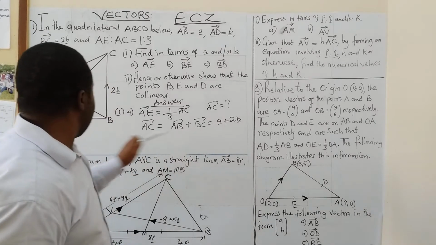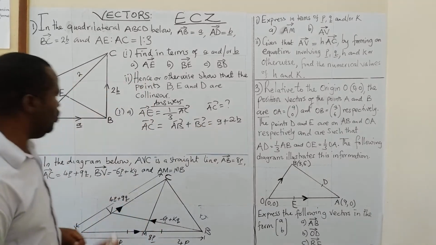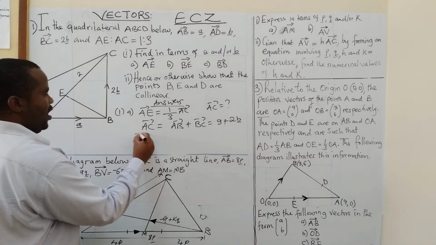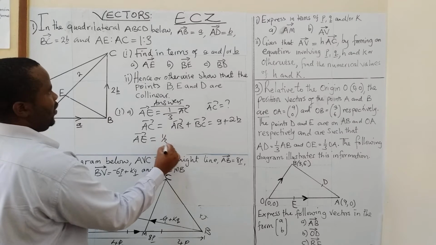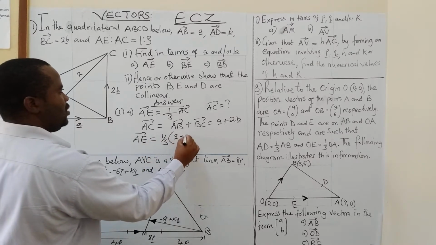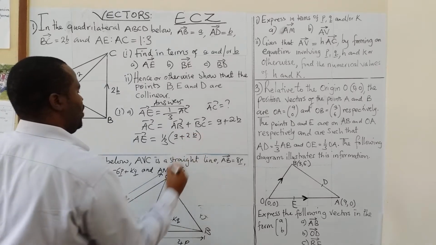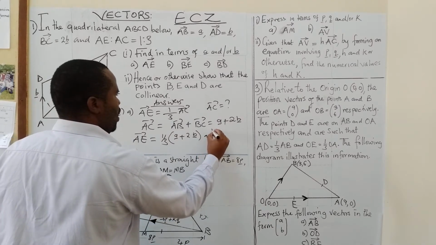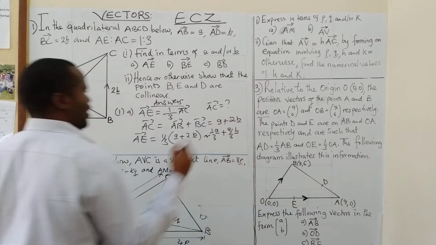AC is equal to a plus 2b, meaning that our AE will be equal to 1 over 3 of a plus 2b. Or you can say 1 over 3a plus 2 over 3b.